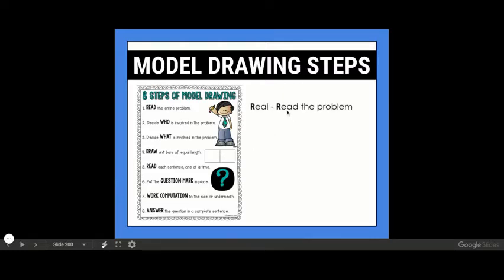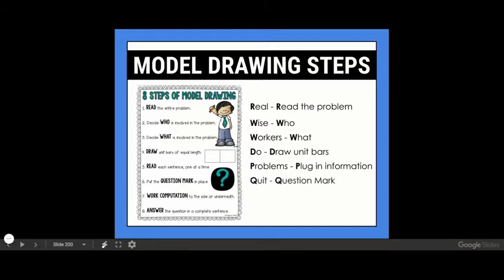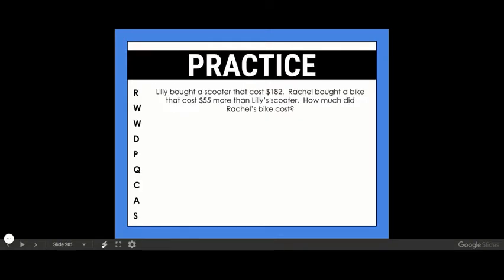So you have to read the problem, decide who is in the problem and what is in the problem, draw your unit bars of equal length, plug in the information, figure out your question mark, then set up your computation or your number sentence, answer the problem, and then write your sentence. This first problem we're going to do together, and then the next one you are going to try on your own.